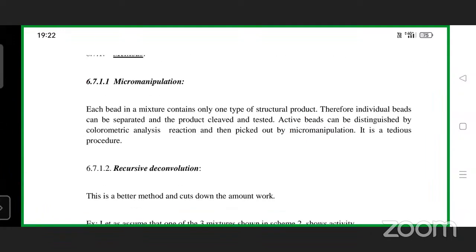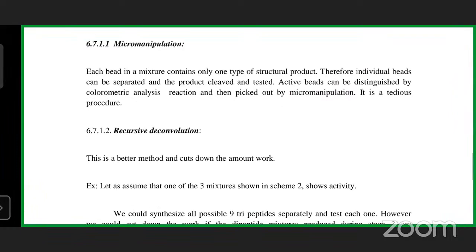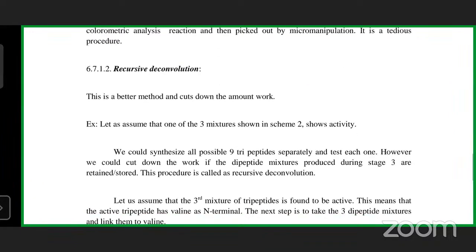Now the second method is recursive deconvolution. The recursive deconvolution method is somewhat superior to your micro manipulation, right? In this, some work will be cut down. Some work will be reduced compared to micro manipulation.